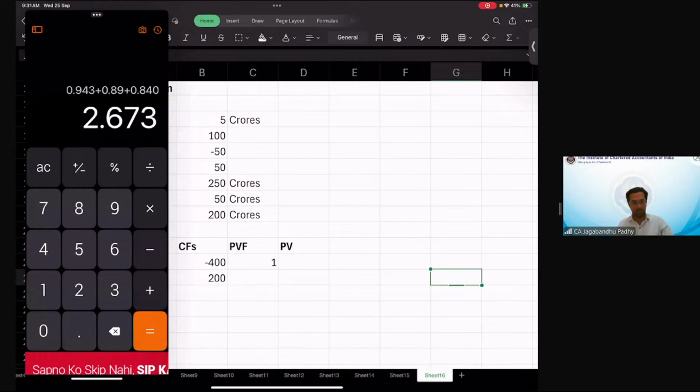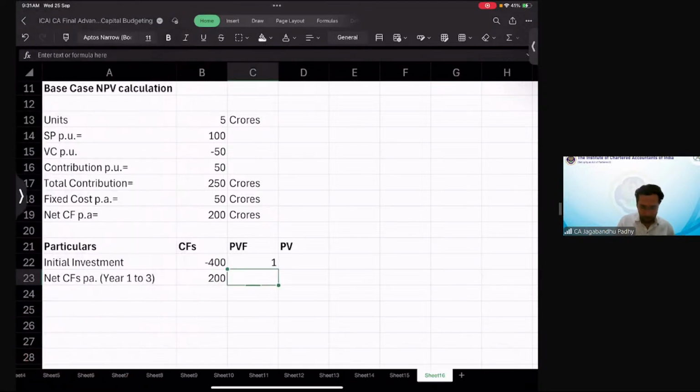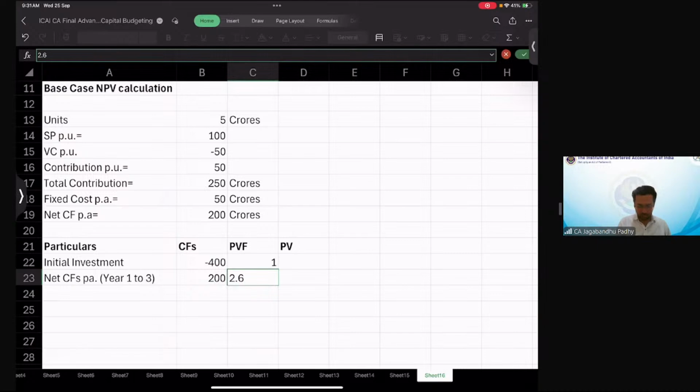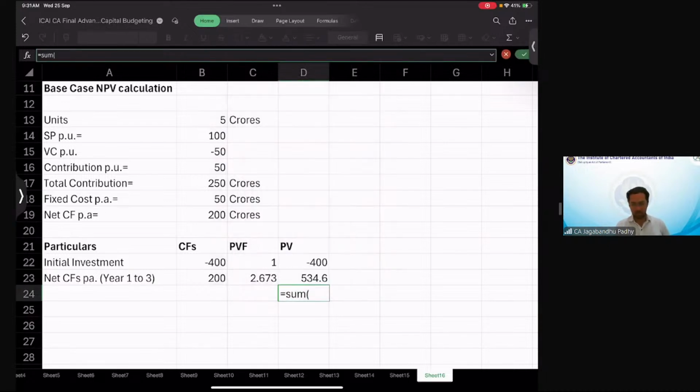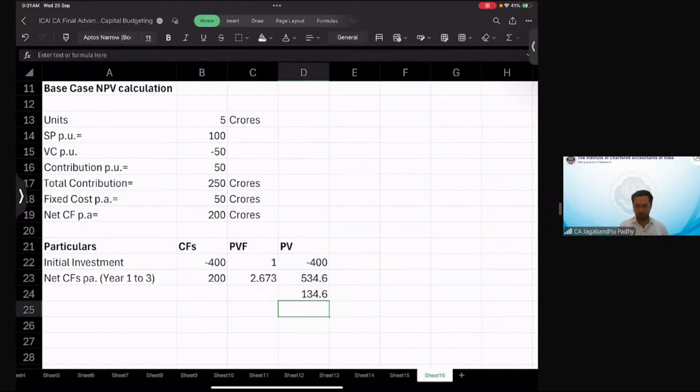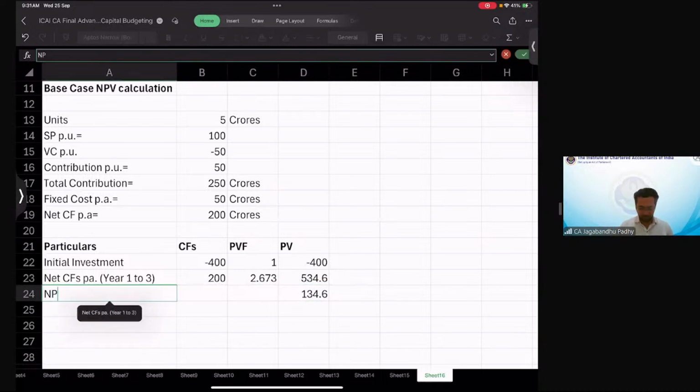So that is 2.673. Okay. So we get the PV, 400 into 1 and also this. And then we take a sum of it. So 134.6. This is our base case NPV.